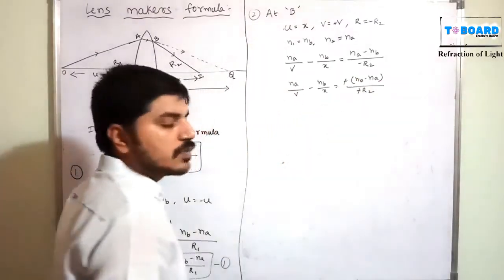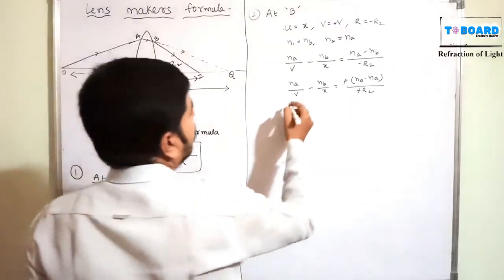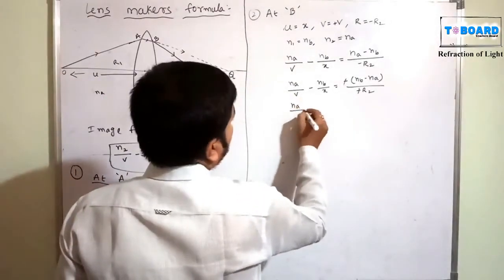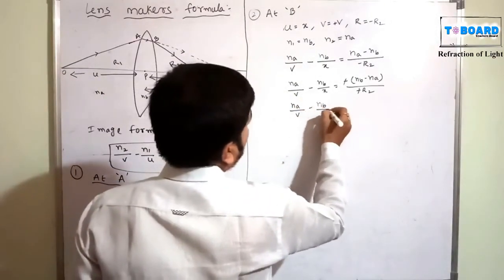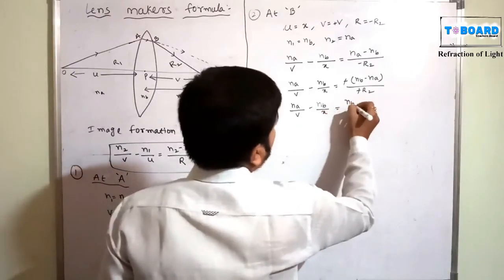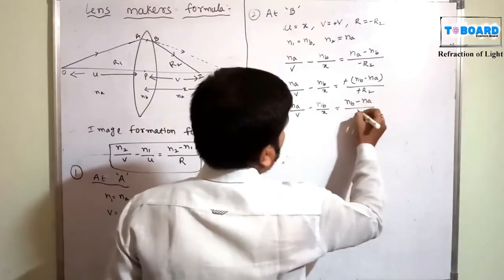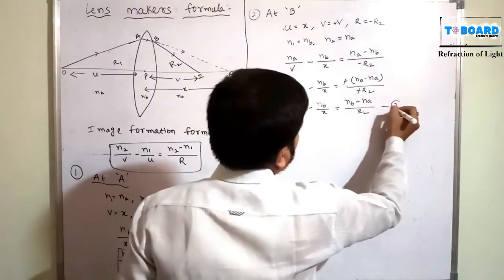Then the minus gets cancelled, so NA by V minus NB by X is equal to NB minus NA by R2. This is the second equation.